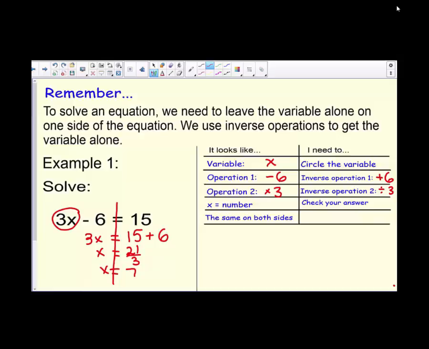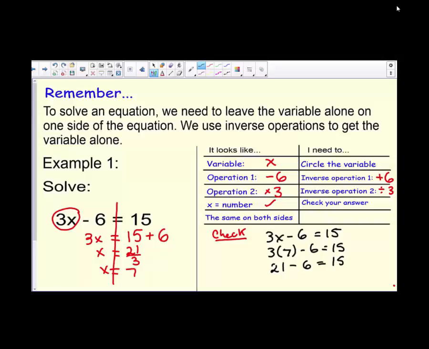Okay, so x is equal to a number. We're basically done, and now we're going to check our answer. We write down the equation 3x minus 6 equals 15, and now we're going to substitute x by its value. 3, remember to place parentheses when you're substituting. x equals 7. 3 times 7 is 21.